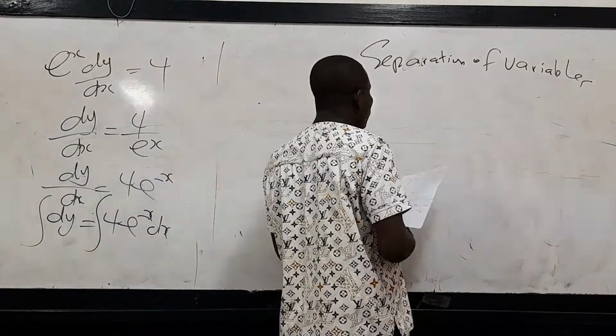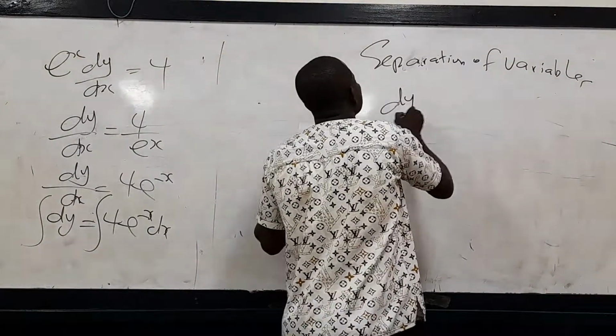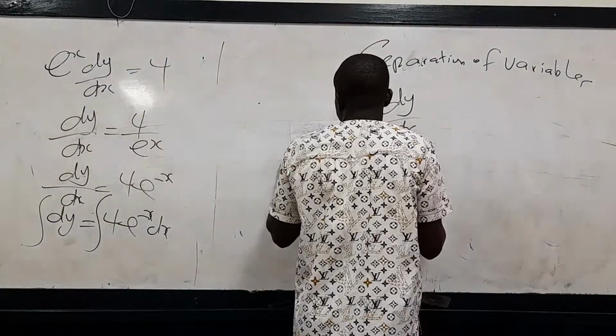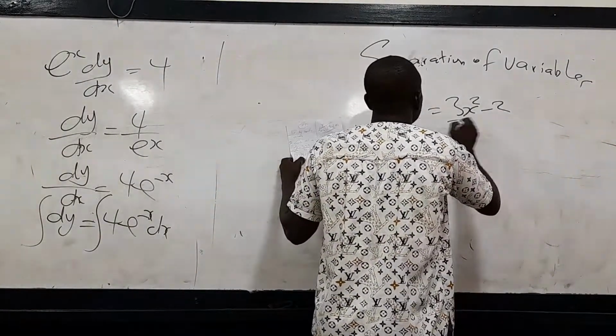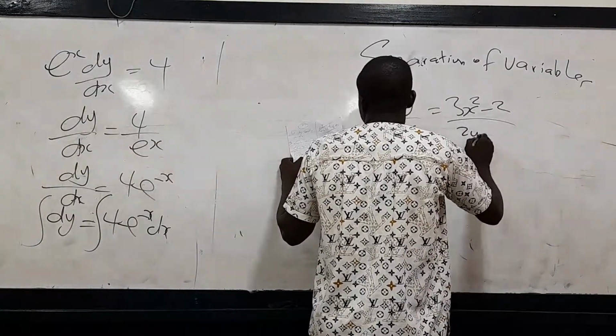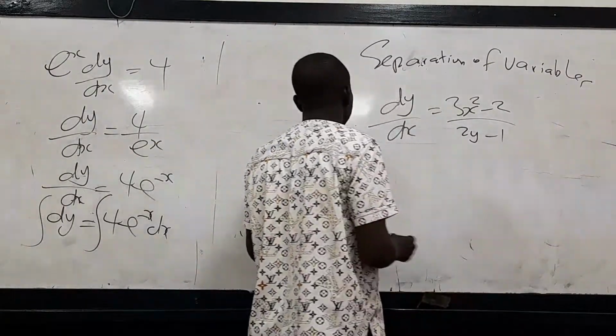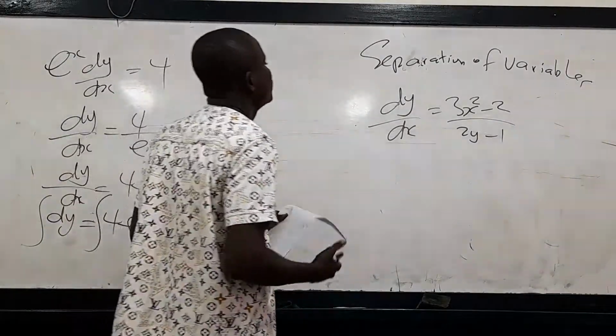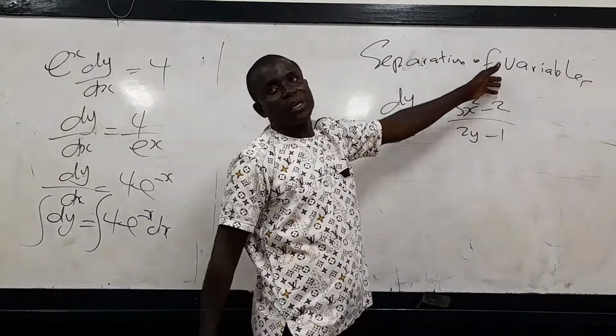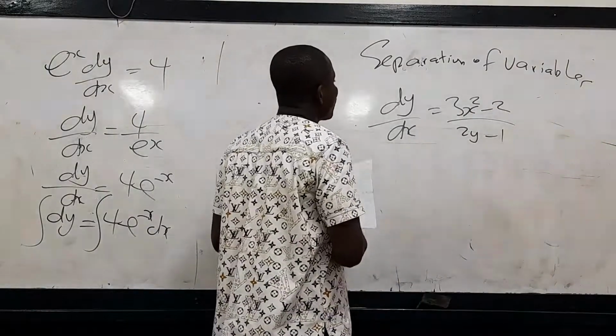They say we have to solve the differential equation dy dx equal to 3x squared minus 2 all over 2y minus 1. Here, because of this separation of variables, the x will go with the x component, then the y will go with the y component.